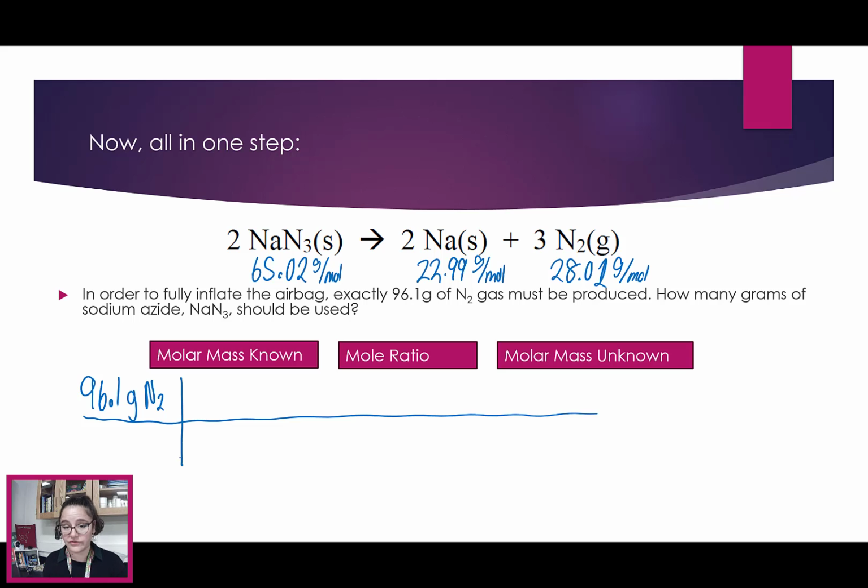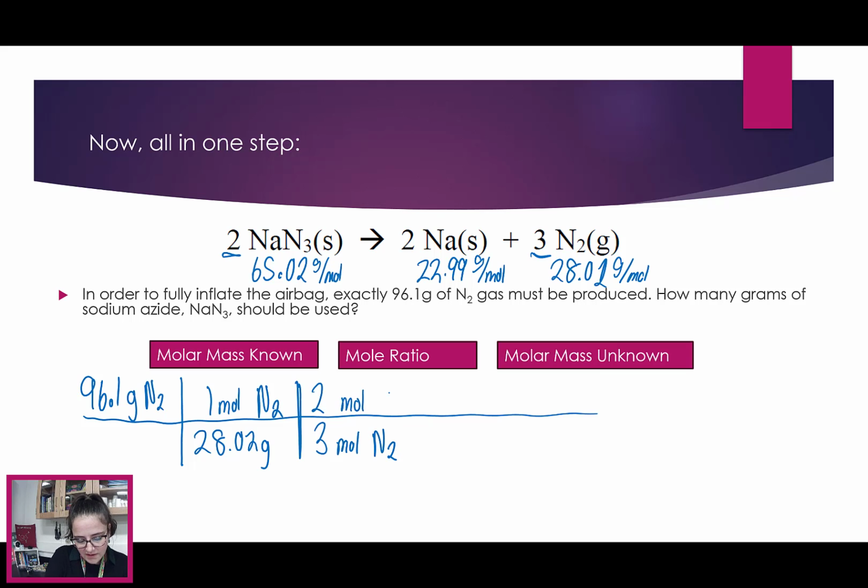So we first convert to moles using the molar mass. So it's 28.02 grams is 1 mole of N2. Okay. And then we use the mole ratio. So for every 3 moles of N2 that's produced from 2 moles of NaN3.